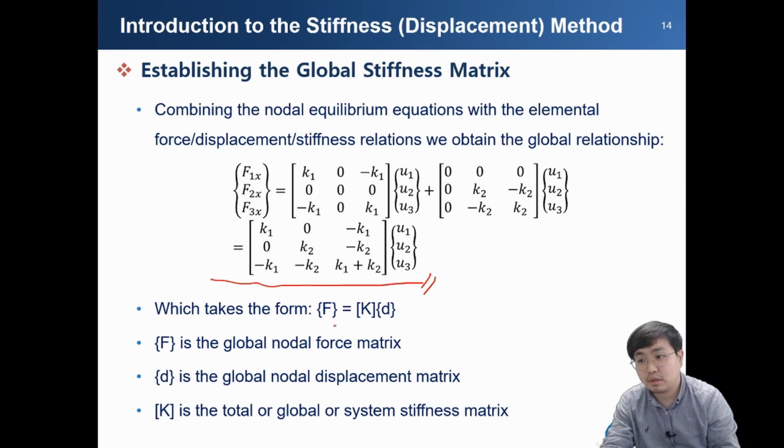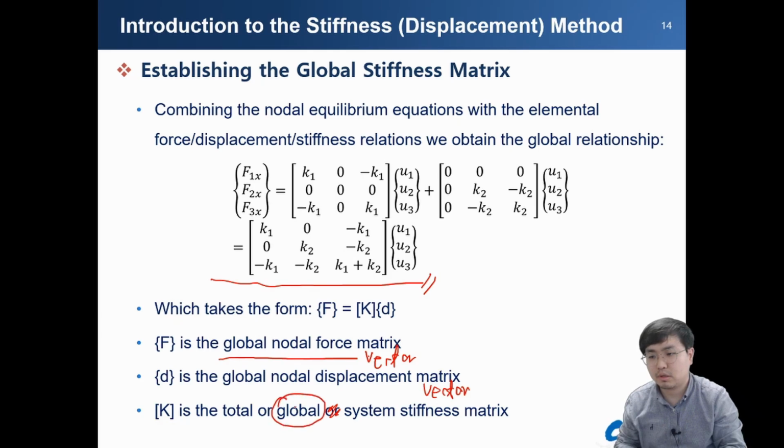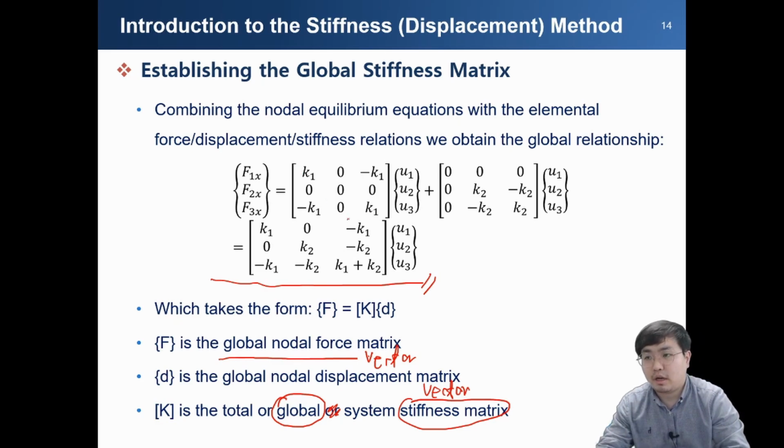Again, F is a global nodal force vector, D is a global nodal displacement vector, and K is the global stiffness matrix. Normally I'm going to say global stiffness matrices.